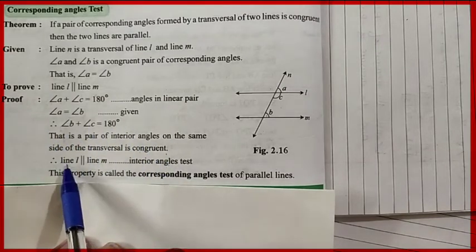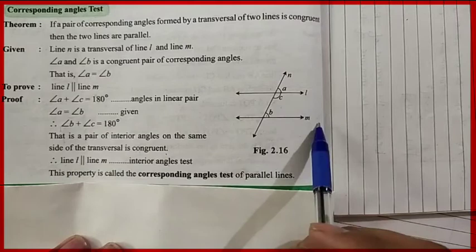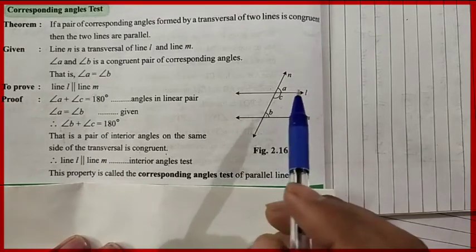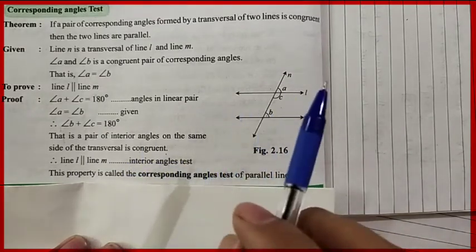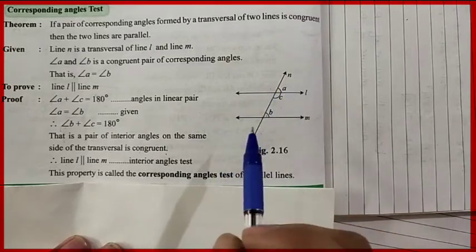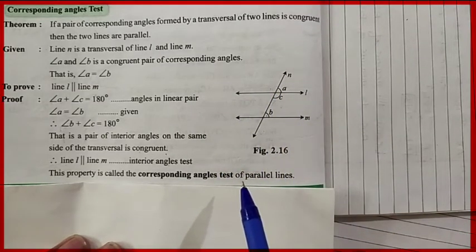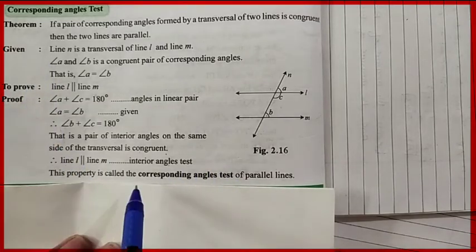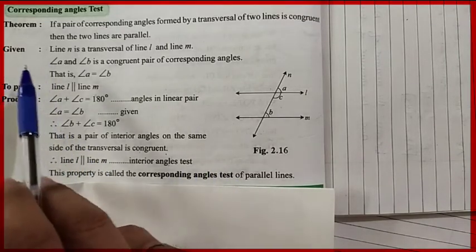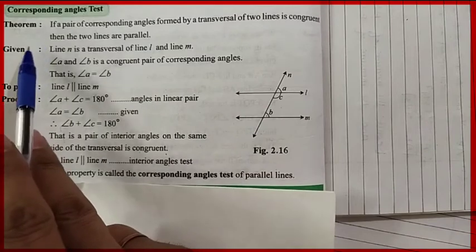It shows that lines L and M are parallel to each other with the help of the interior angle test. This property is also called the corresponding angle test.